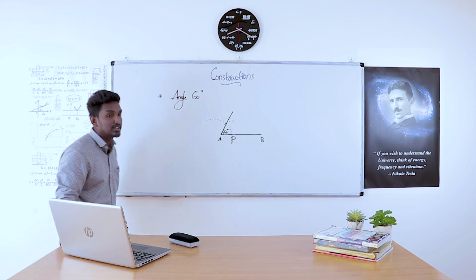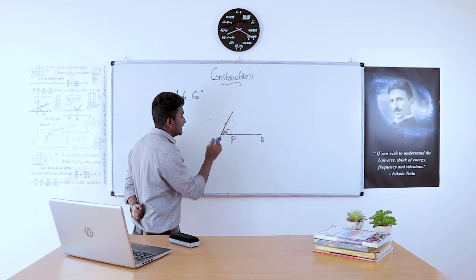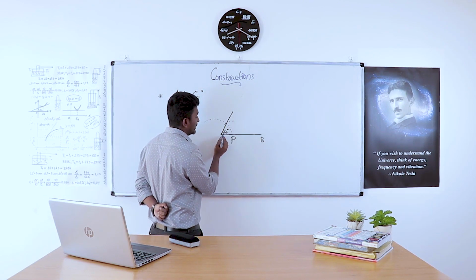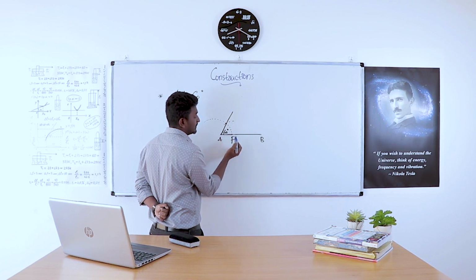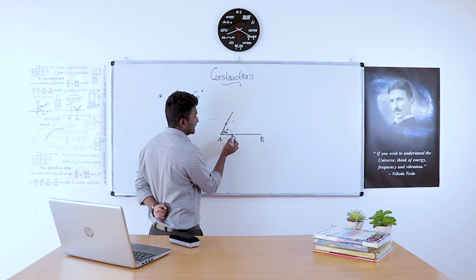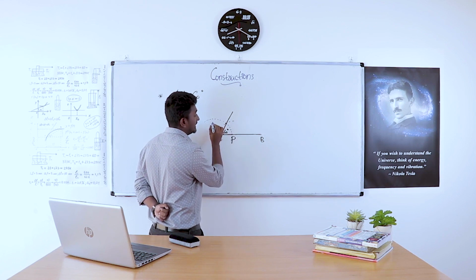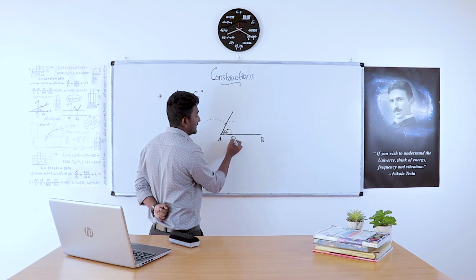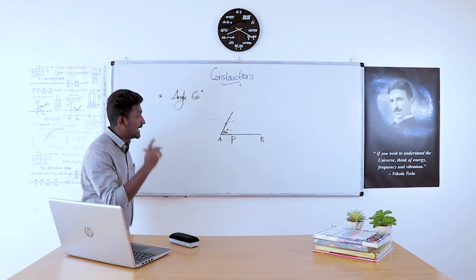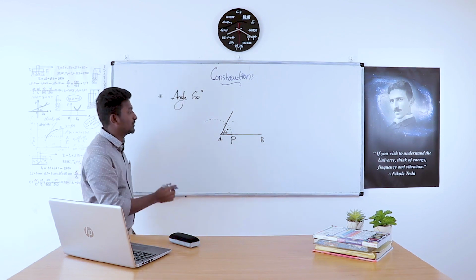So what are the steps of construction? First step is from one end of the line segment, fix your compass and draw an arc in the line segment. Okay. Then when the arc meets the line segment, mark a point.